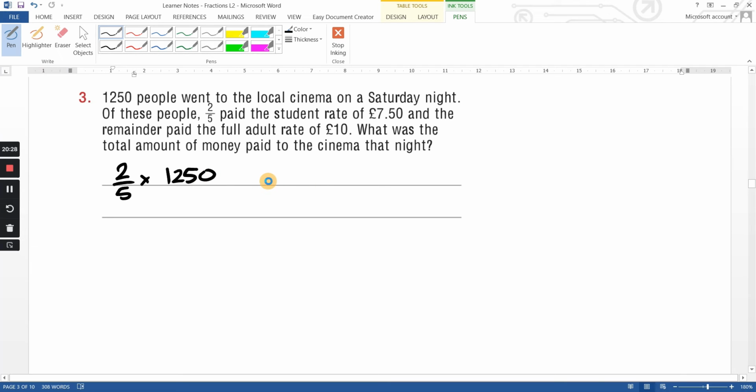that. So let's work out 1/5 first. So I'll need to divide that by 5. 5 into 12 is 2. Remainder 2. 5 and a 0. Yep, 250 for 1/5.